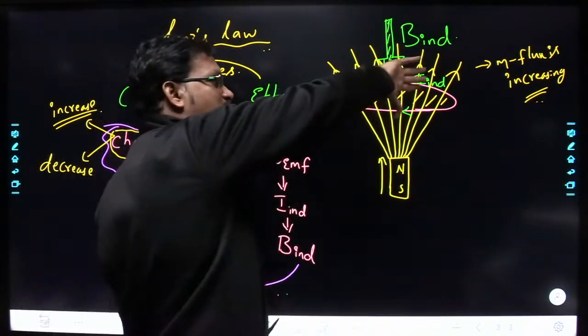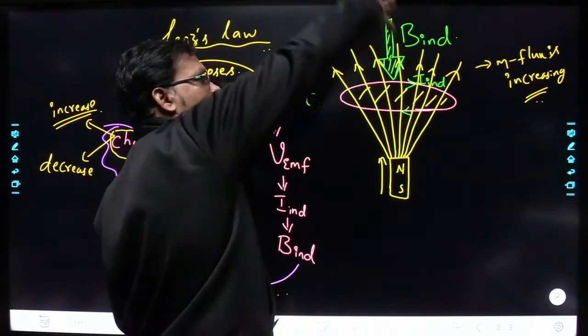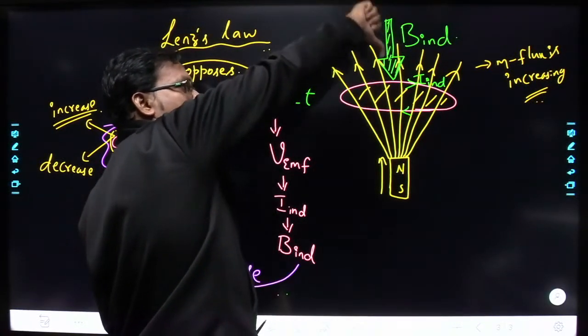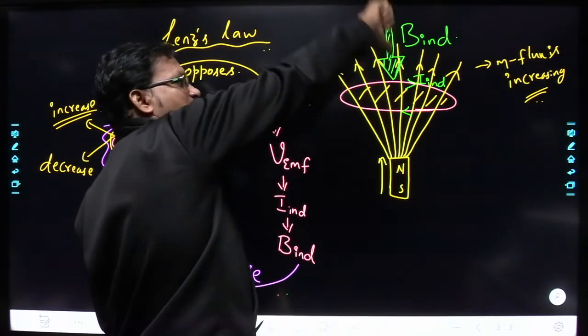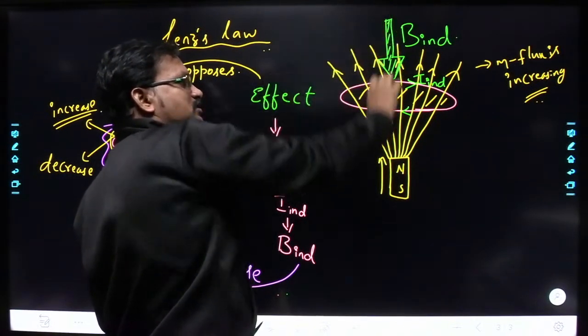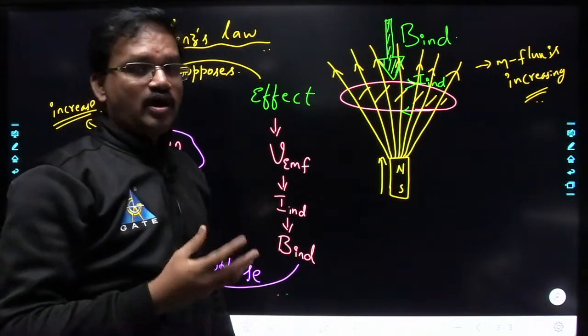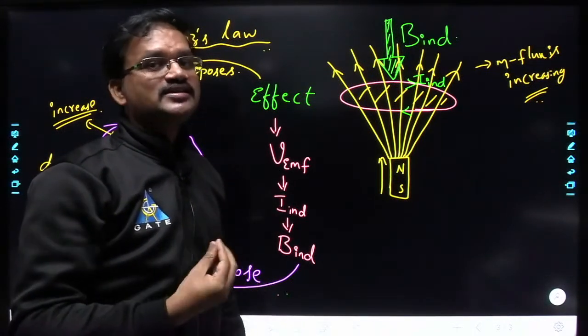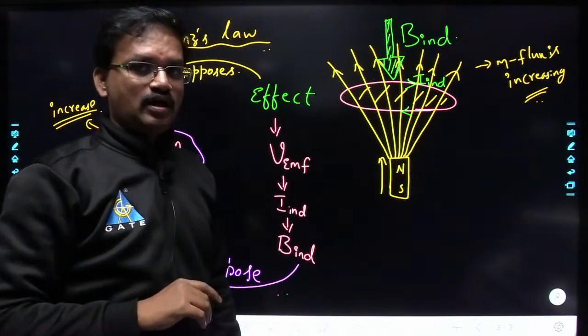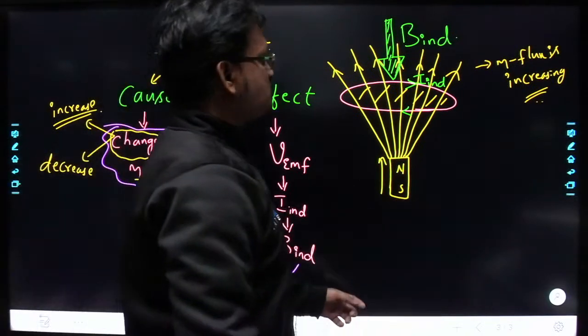Only then will it produce the induced magnetic field in the downward direction. So it is opposing the increase in the number of field lines with respect to time, or I can say it is opposing the increase in magnetic flux. Understood?